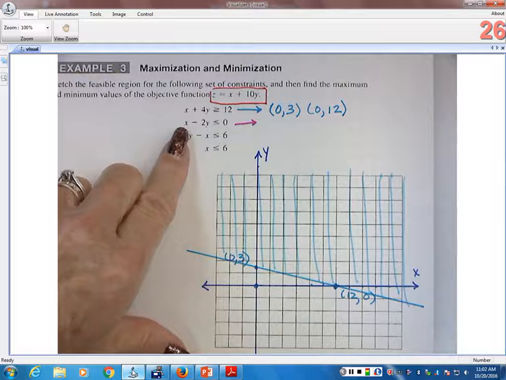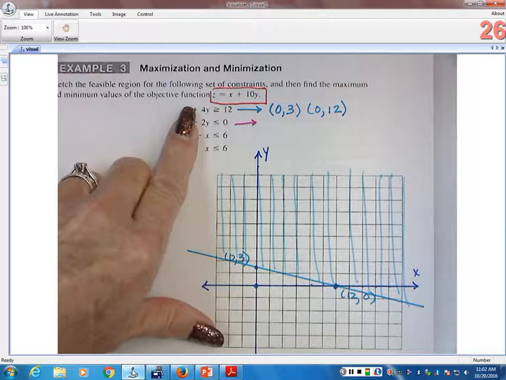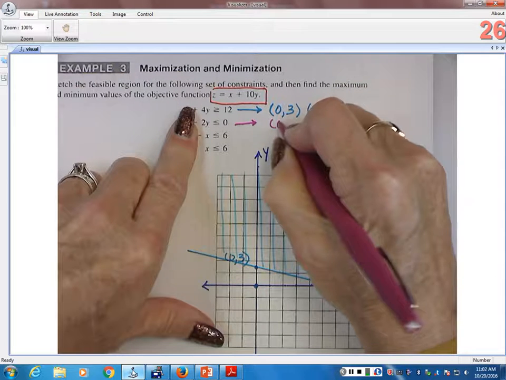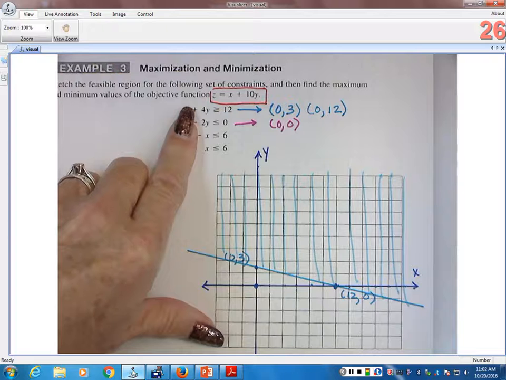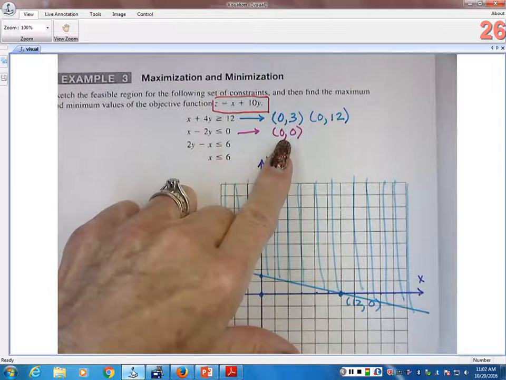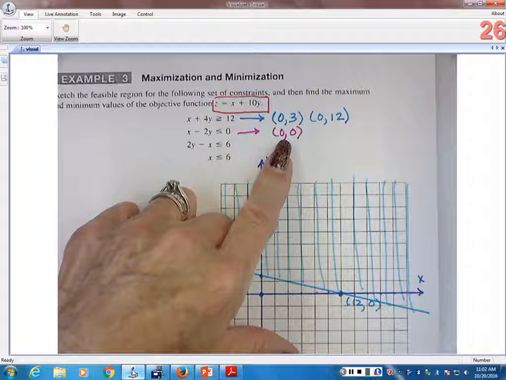If x is 0, y is 0. And if y is 0, x is 0, so since we have the origin, number one, we can't use it as a test point. That's a problem. And number two, we need another point on the line.